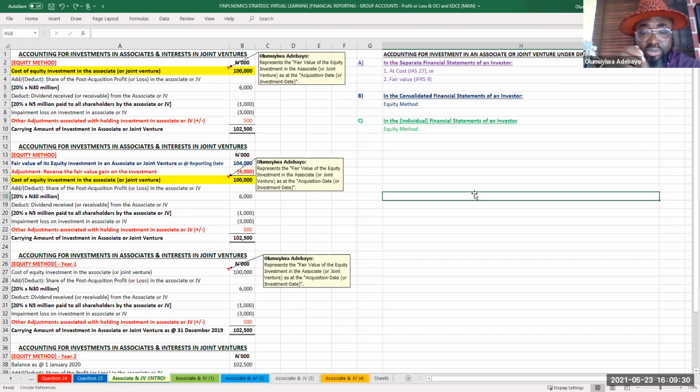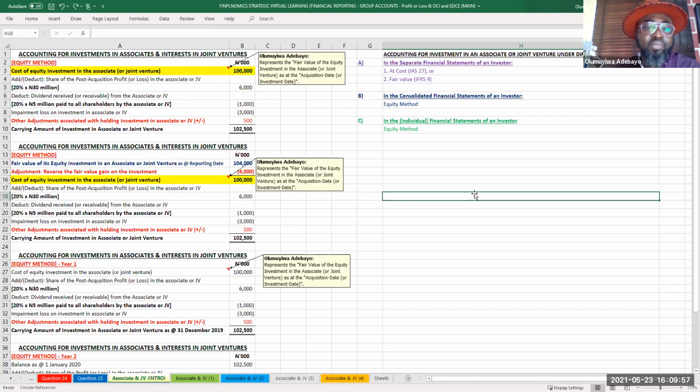When you invest in the equity of another entity, it is a financial asset. By default, equity investment considered to be a financial asset must be measured at fair value. It's now left for you, based on certain conditions, whether it is measured at fair value to profit or loss or at fair value to OCI, but all equity investment must be measured at fair value.